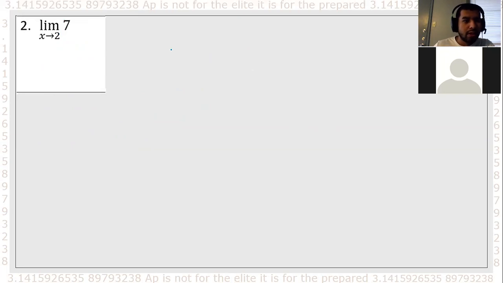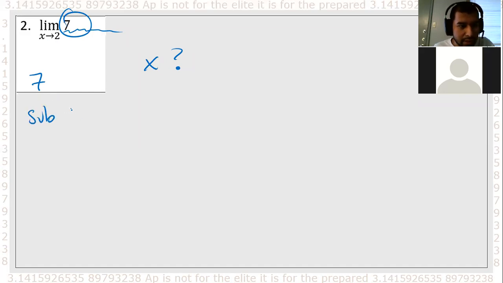Okay. Let's pretend there is no x. So where is my x? Do you see any x here in the function? If we did the same thing, the function itself is just 7. I sub x equals 2. What should be my answer?